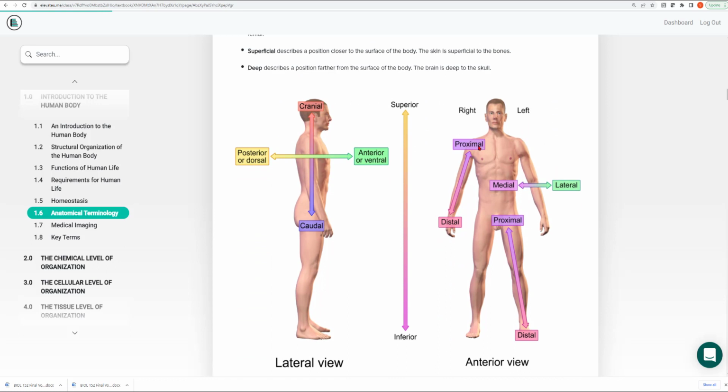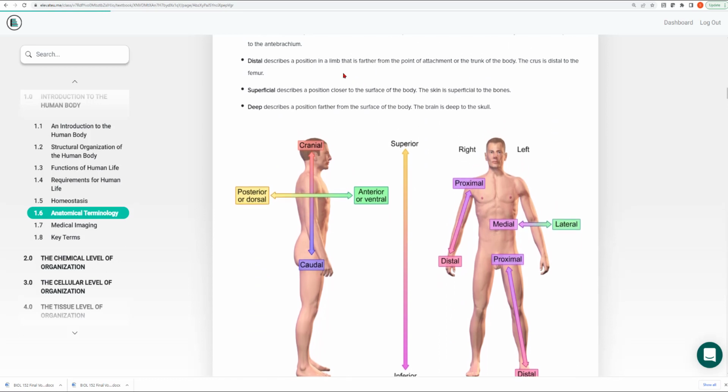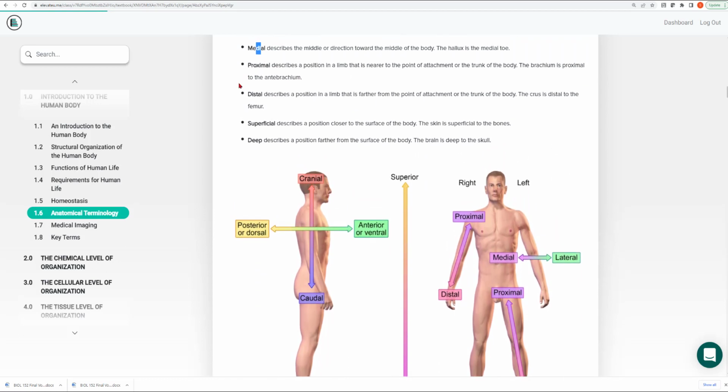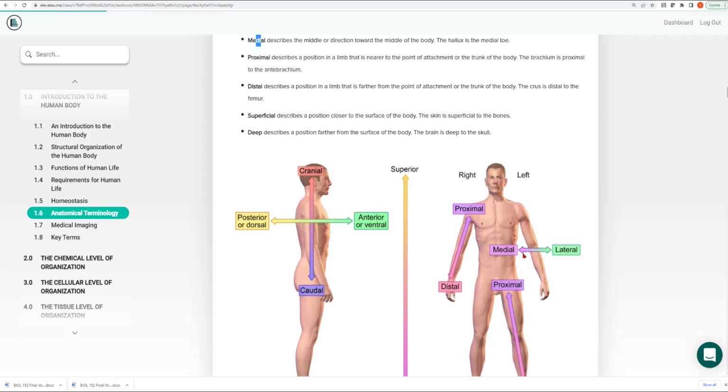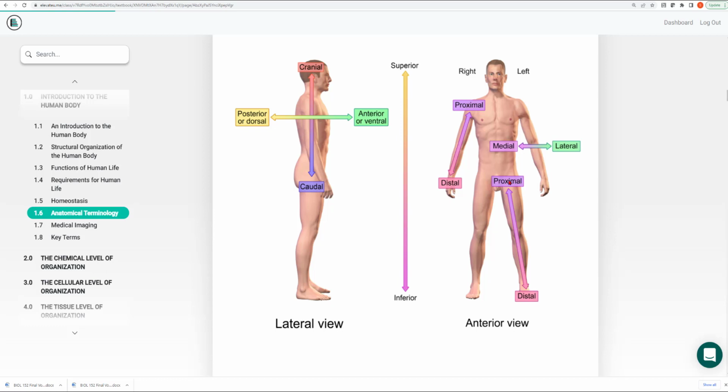When you're using these two words, proximal and distal, we're only going to use these words to describe the arm and the leg, the upper limb and the lower limbs. Proximal, where your arm attaches to the body, near the shoulder, that would be proximal. Further down toward the wrist, that is distal. In the leg, in the lower limb, proximal is up by the hip and distal is down by the ankle.